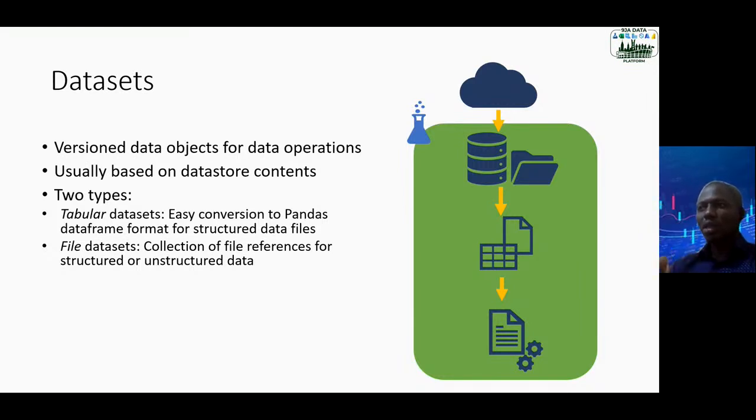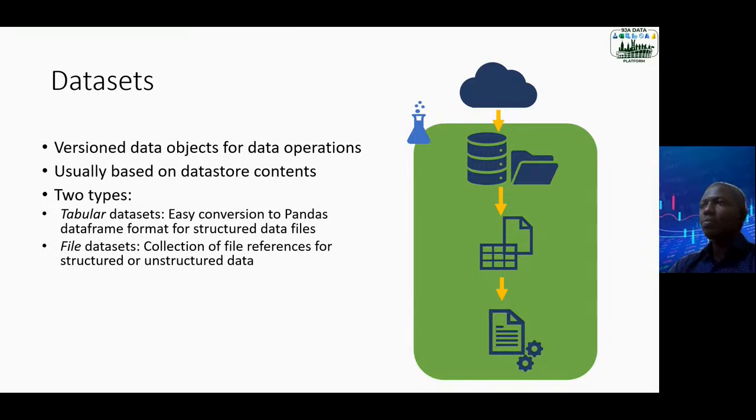So tabular data set is for easy conversion of data frame to a structure that can be formatted with Pandas, in Pandas data frame format for structured data files. Now, file data set is another type of data set. It is a collection of file references for structured or unstructured data.